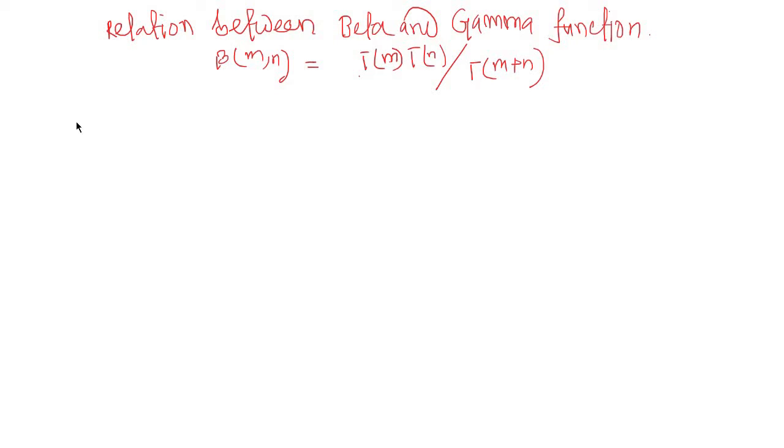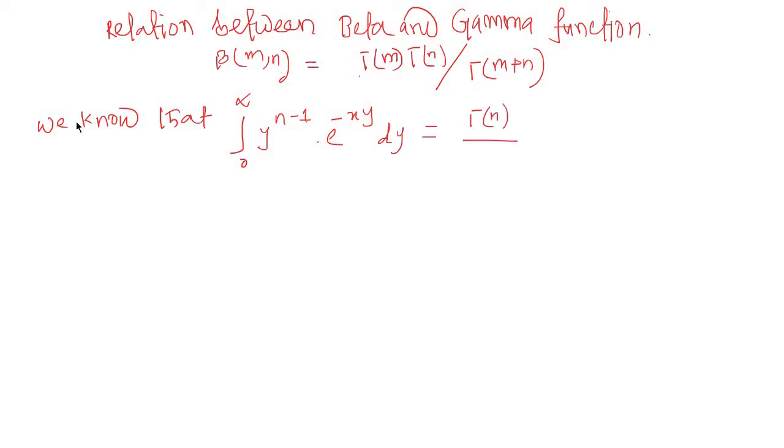In this presentation, we will see a relation between beta and gamma. We know that integral from 0 to infinity of y to the power n minus 1 e to the power minus xy dy is equal to gamma n over x to the power n.